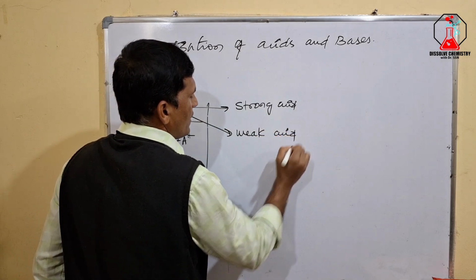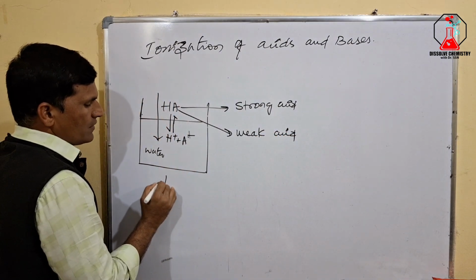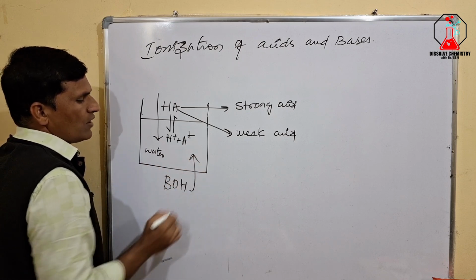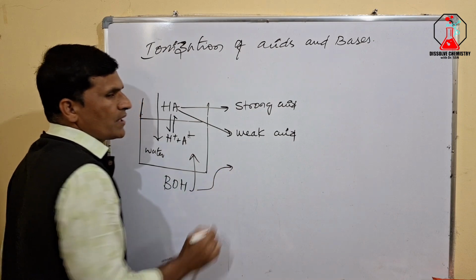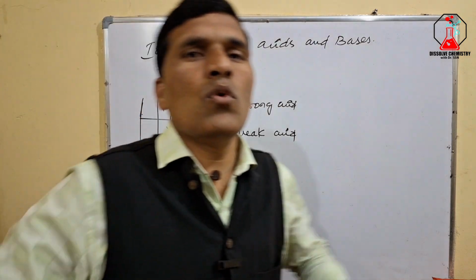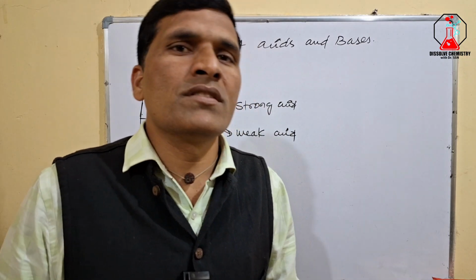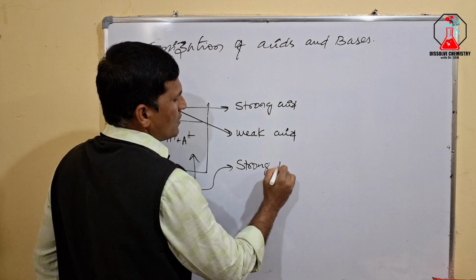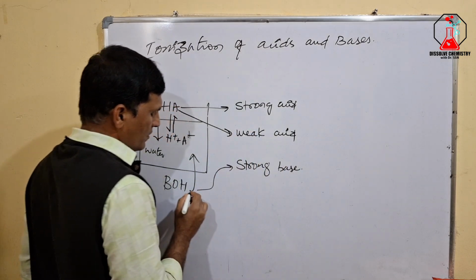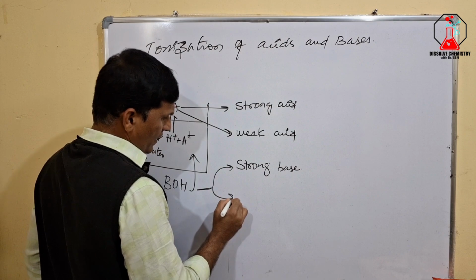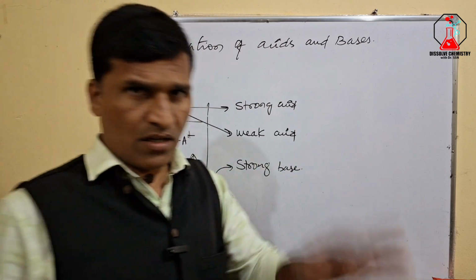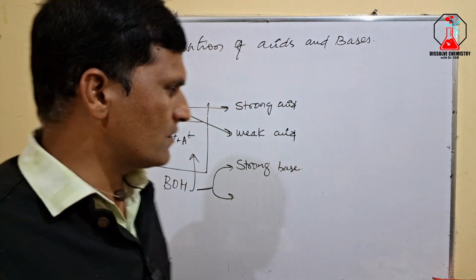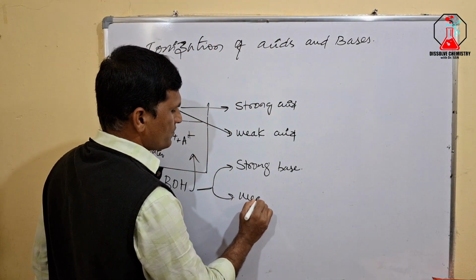Similarly, when you take a base, BOH, which upon dissolution in water undergoes complete dissociation to give more number of OH minus ions, then it is called a strong base, according to the Arrhenius concept. If it undergoes partial dissociation or ionization to give only a few hydroxyl ions, then it is called a weak base.